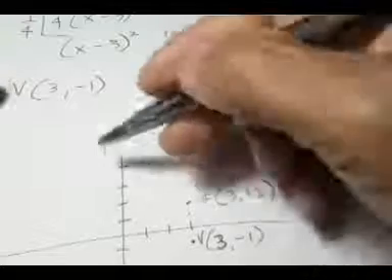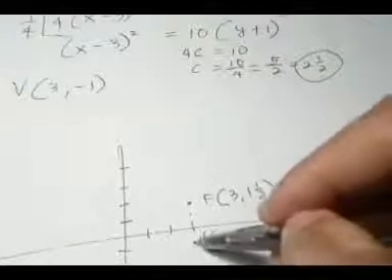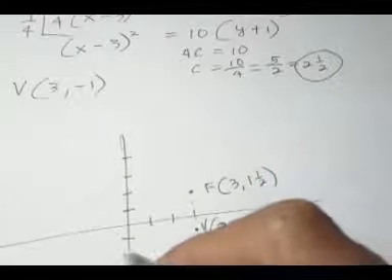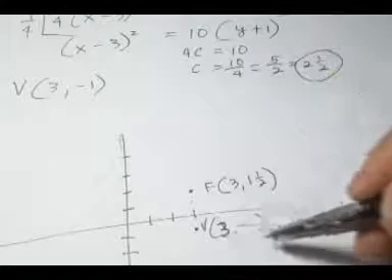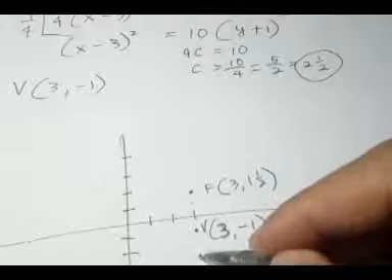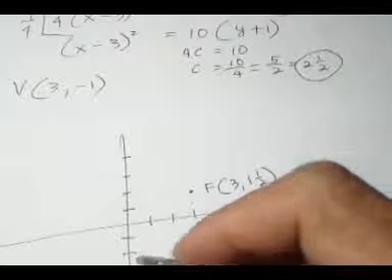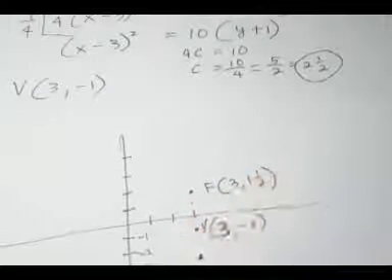Because the graph is opening upward, its directrix is below the vertex, 1 and 1/2 units. Since this is negative 1, 2, okay, this point, our directrix is, this is negative 1, negative 2, negative 3.